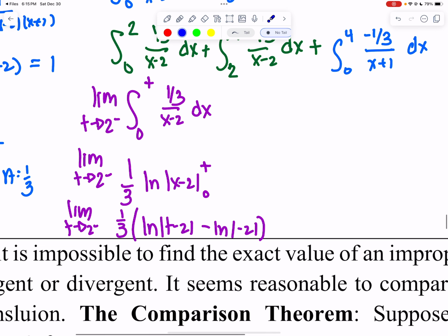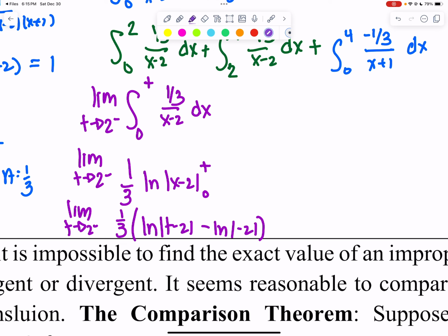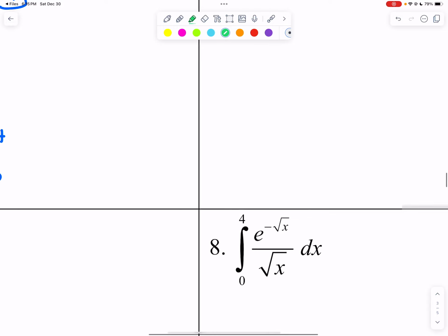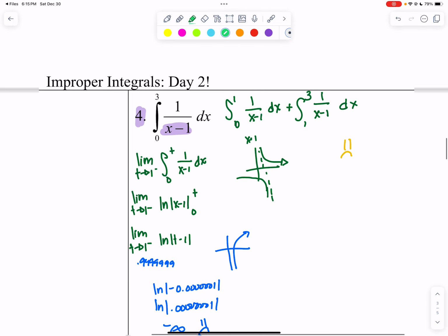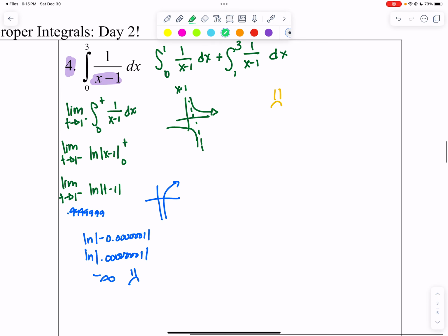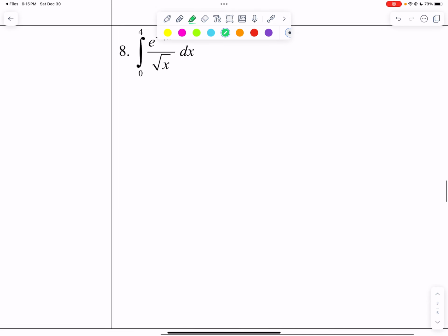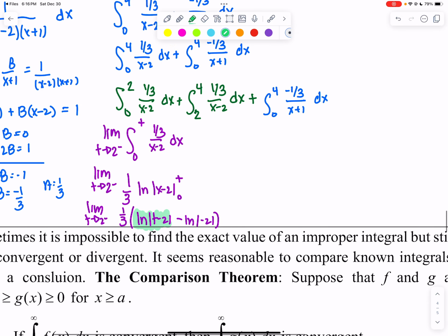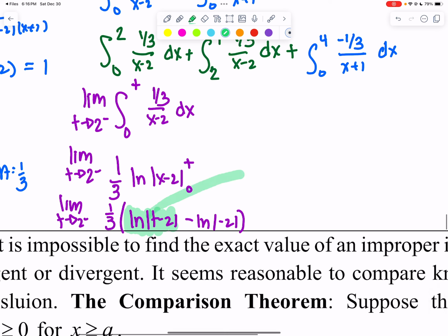So unfortunately, this one right here is going to suffer the same fate that we did earlier in terms of number 4, where it diverges. So this thing diverges.